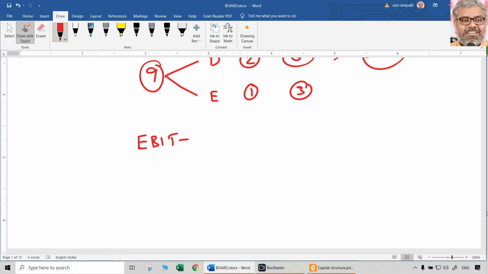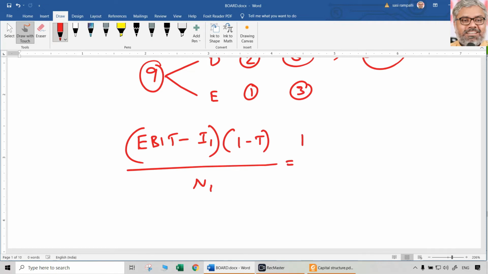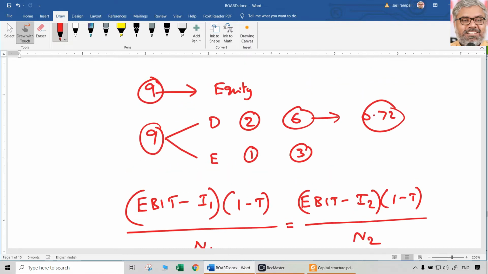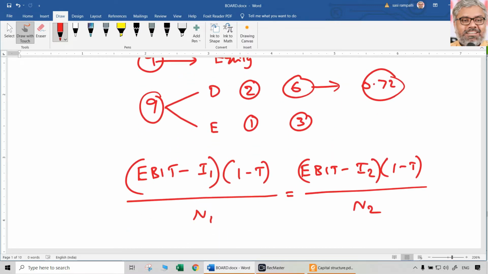So (EBIT minus I1) into (1 minus tax rate) divided by N1 should be equated to (EBIT minus I2) into (1 minus tax rate) divided by N2. We have to have all the other values here. Interest in option 1 is 0 because there is no debt. Interest in option 2, I2, is 0.72, we already know that. Tax rate is already known, which is 30%. N1 and N2 are supposed to be known.